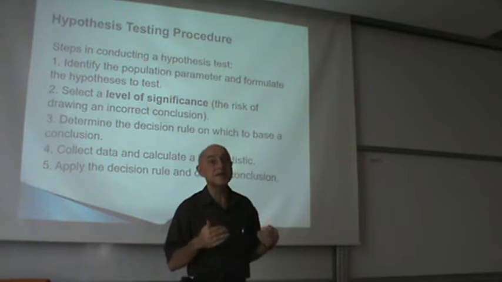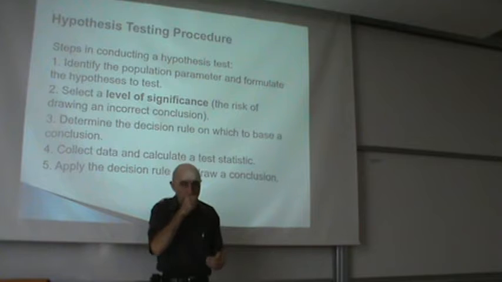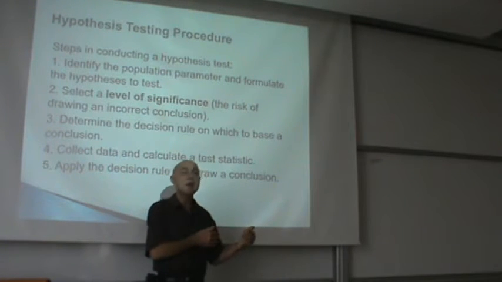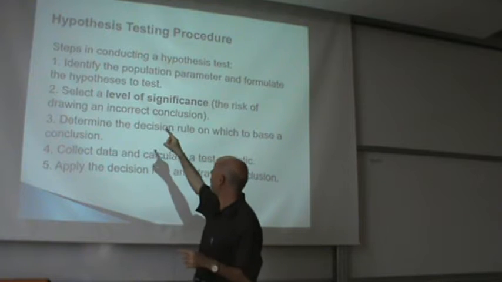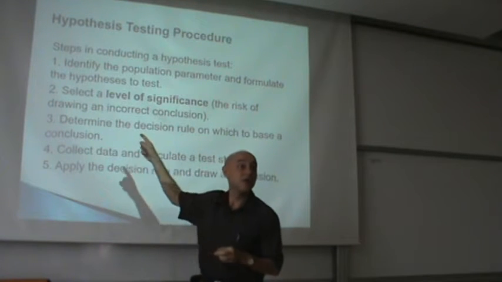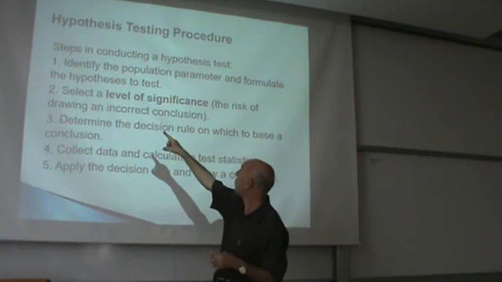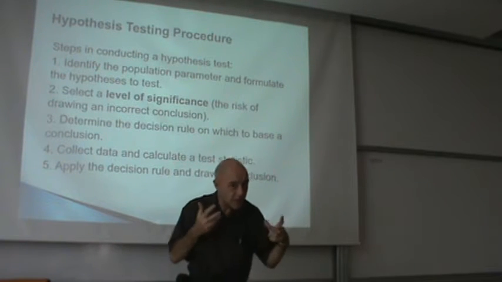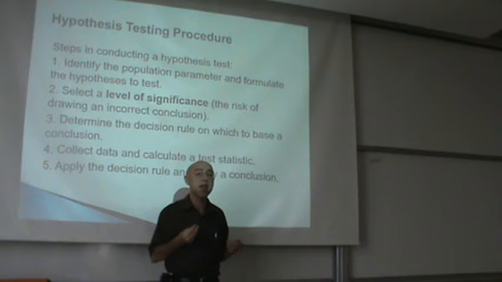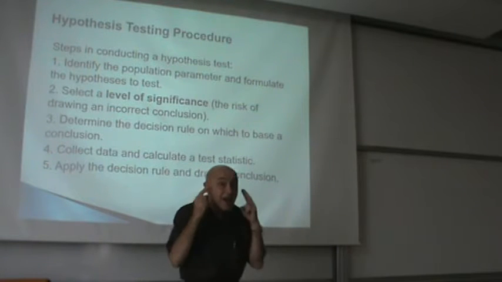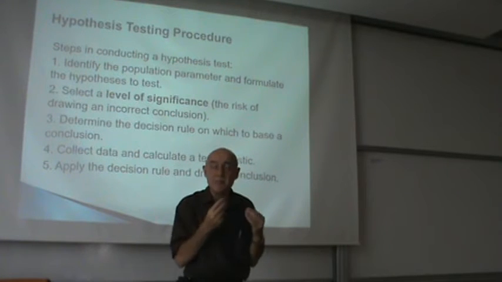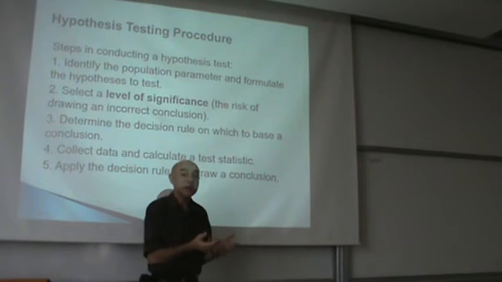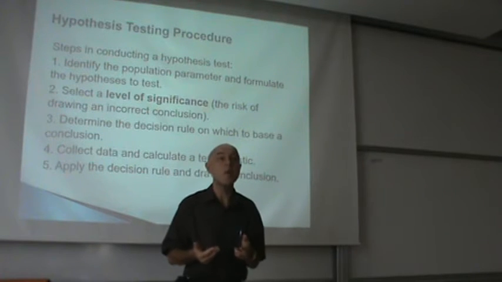As long as the drug doesn't, excuse me, doesn't hurt people, then we can afford a higher mistake. Then we can afford a higher level of significance. So that's the difference that you need to understand. It's a matter of common sense. It's not a statistical question. It's a matter of business sense or common sense.